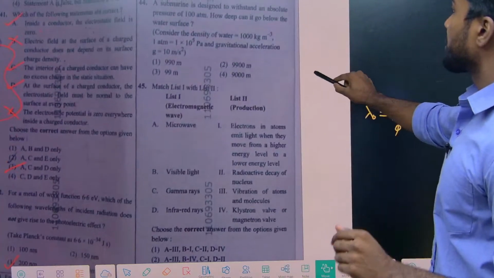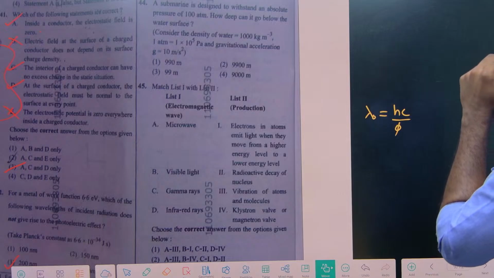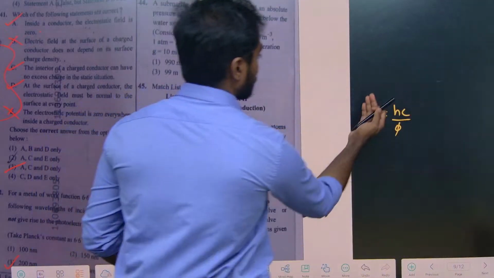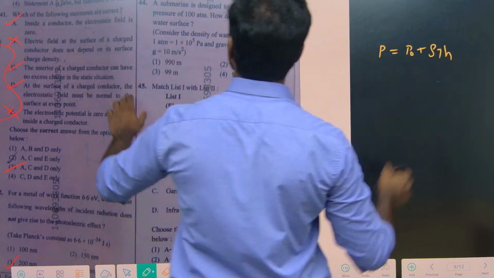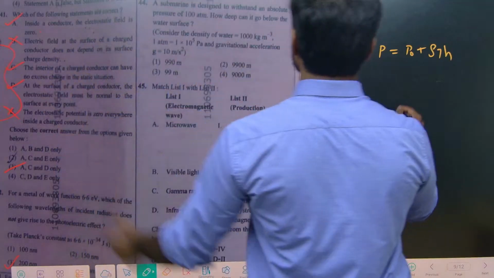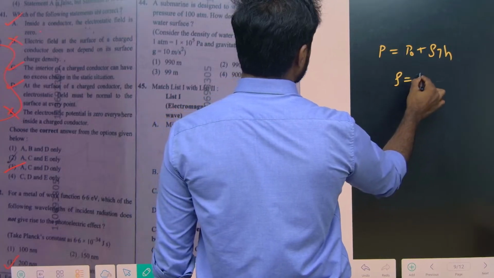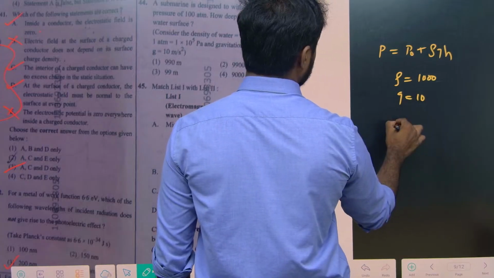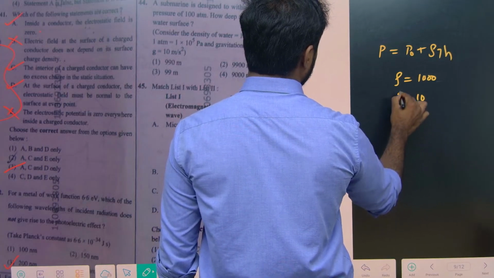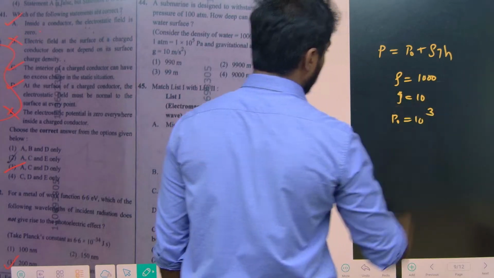And what about the 44th question? A submarine is designed to withstand an absolute pressure of 100 atmospheric pressure. How deep can it go below the water surface? Okay, this is simple, no? P is equal to P naught plus rho g h. So I'll give the values here. Rho is equal to 1000, g is equal to 10, and h I need to find. P naught is 10 power 5 again.